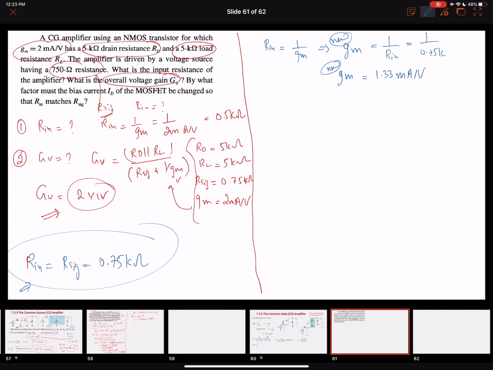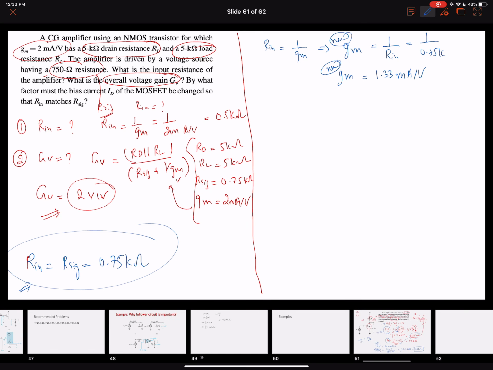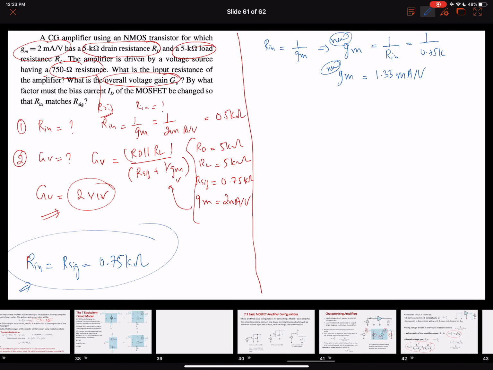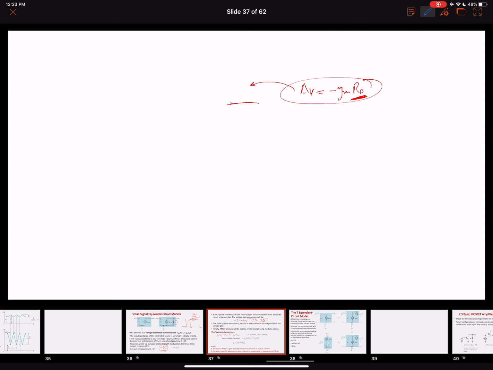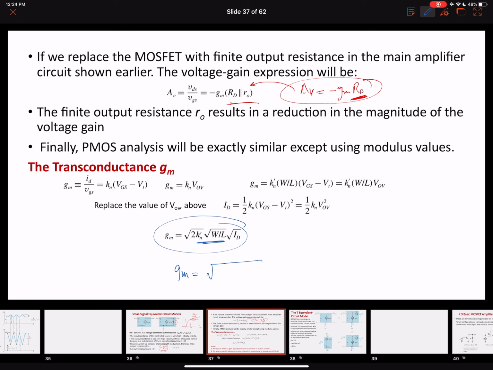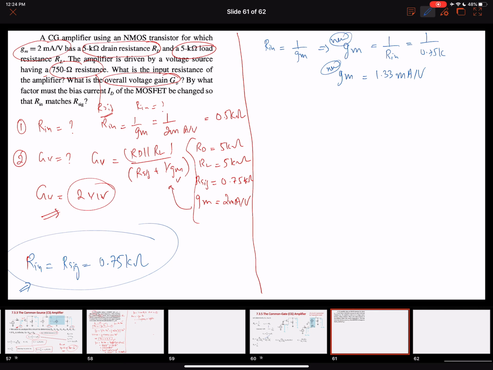Okay, we know from one of the earlier lectures, if I go back to show you the equation right over here, when we were calculating these values, we also ended up finding this equation. This Kn dash W over L is just Kn.